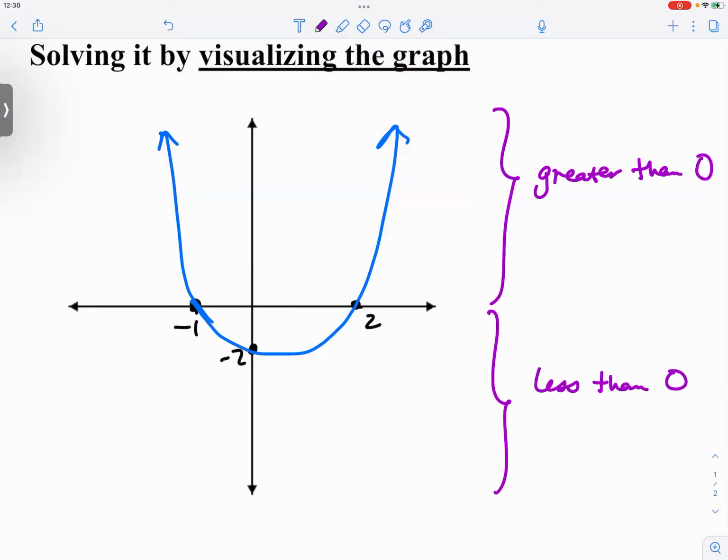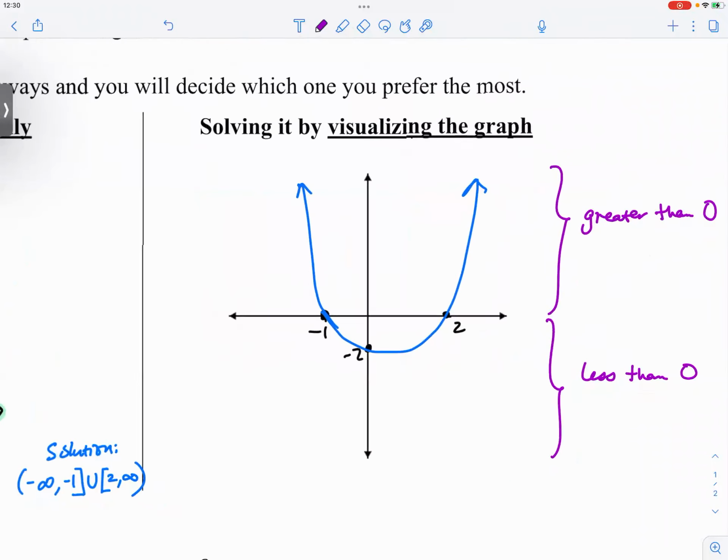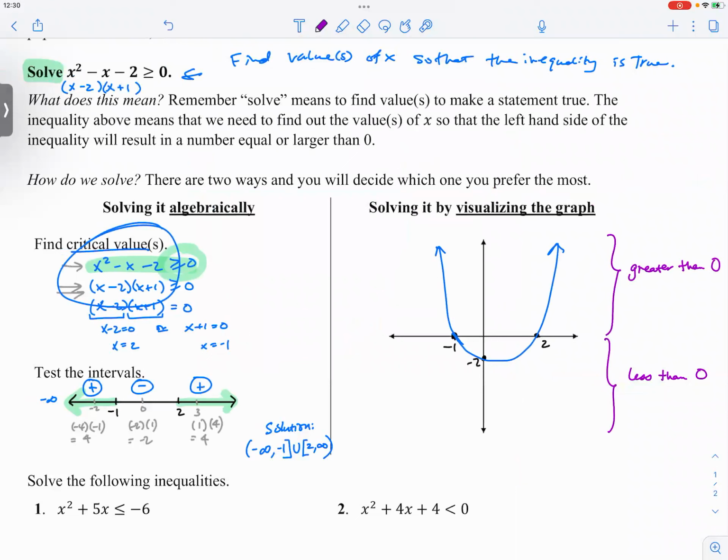So this is the reason why we always want to set one side equal to 0, because that allows us to analyze it a lot easier. So we say, hey, what's the statement? Well, the statement is the quadratic, the parabola has to be what? Greater than 0.